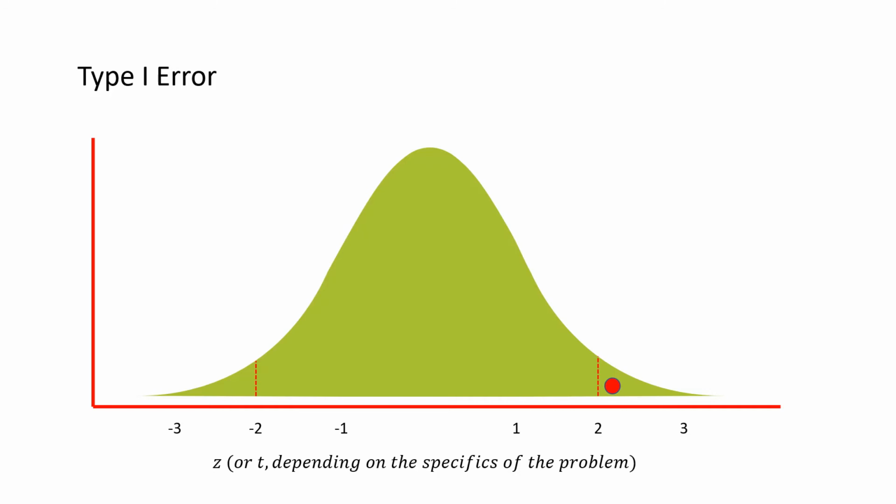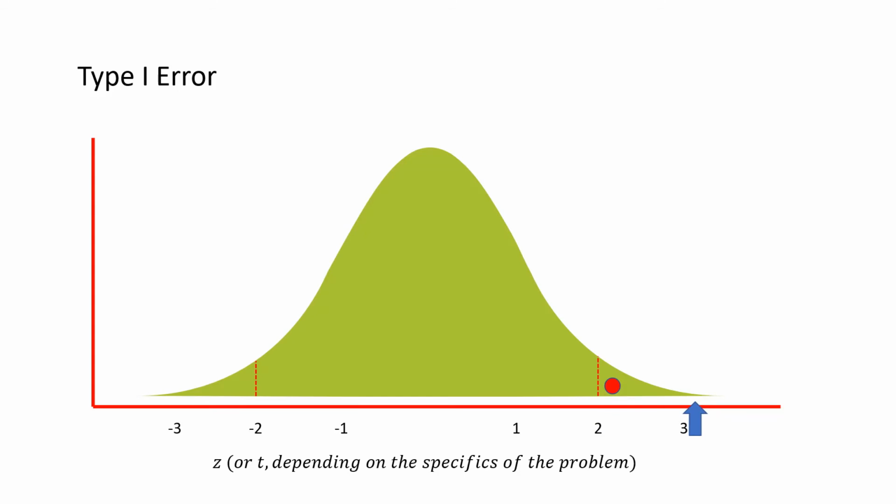Again, maybe we just happen to draw an oddball sample, that sample that contains teachers with mostly low GPAs or who are teaching in a low-wage state. Of course, we can never know if the null hypothesis is actually true or not. But if the null hypothesis is in fact true, and our sample mean nonetheless falls out in this region over here, then we've committed what's called a type 1 error.